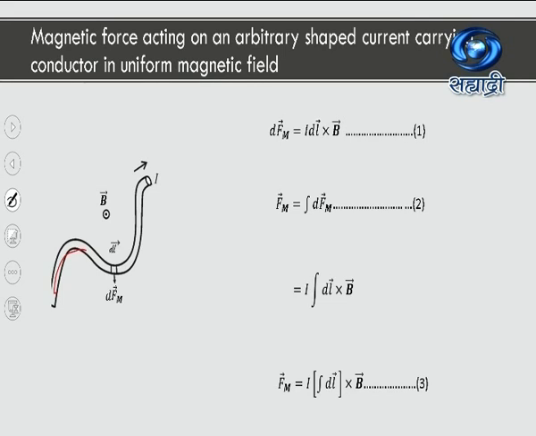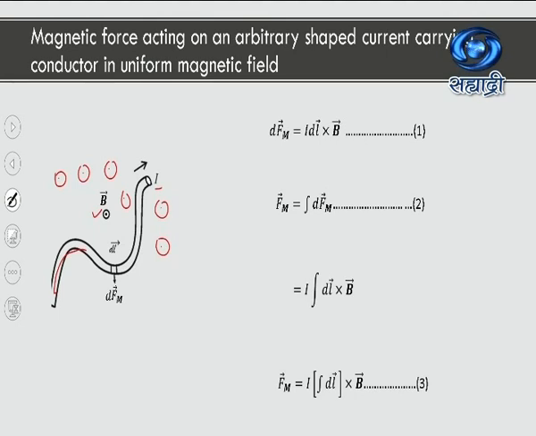This wire is carrying current I and is kept in an external uniform magnetic field B, shown simply by a dot with a circle. So the whole length of this arbitrary shaped current carrying conductor is within the magnetic field. Now I want to find out the magnetic force acting on this wire.